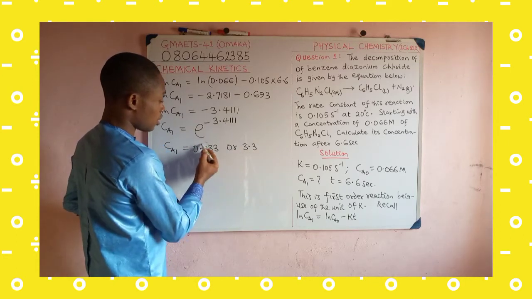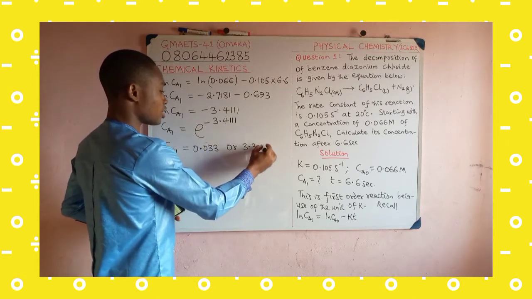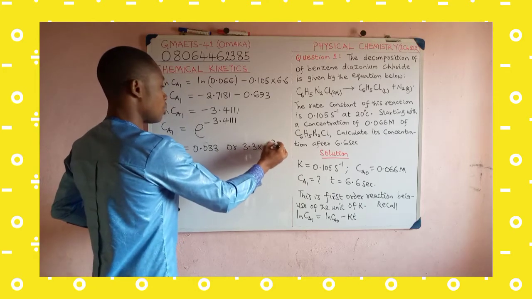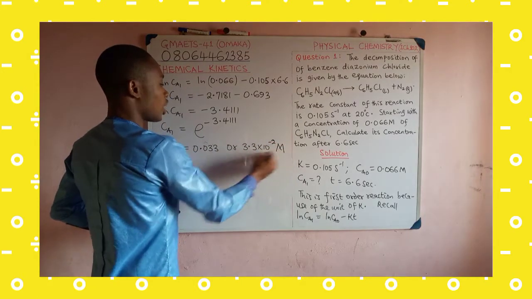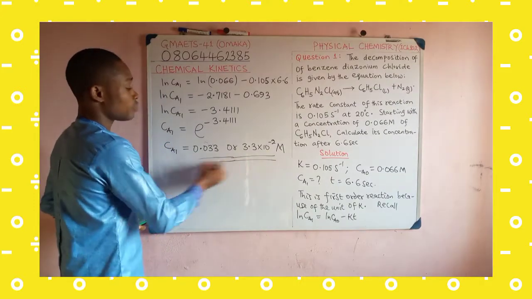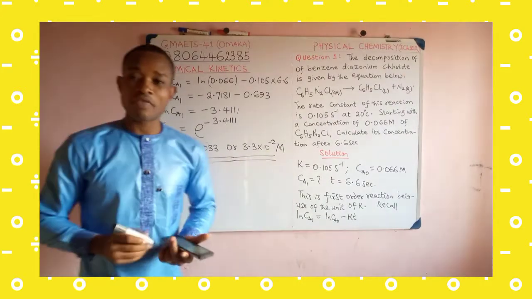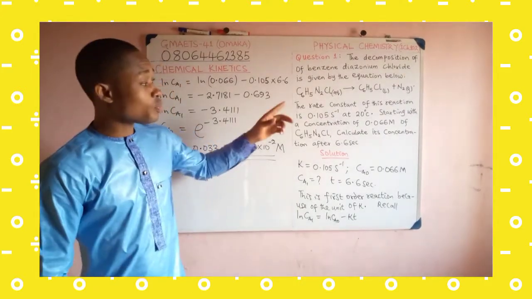That's 3.3 times 10 raised to the power minus 2 molar, that's moles per dm cube or moles per liter. So this is the value of the final concentration for this problem.